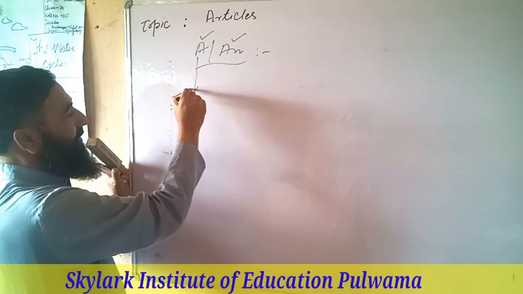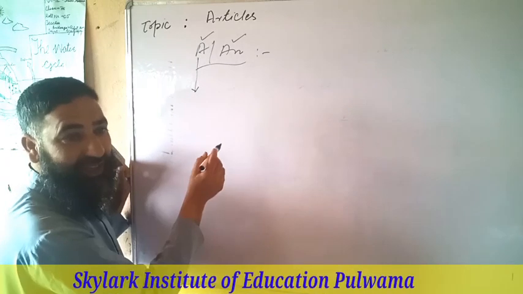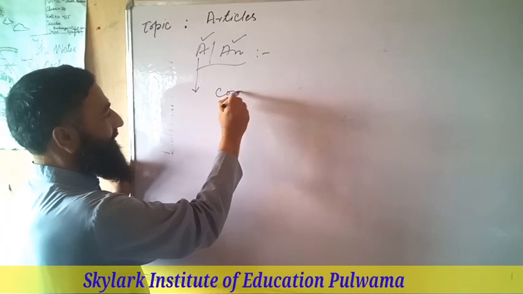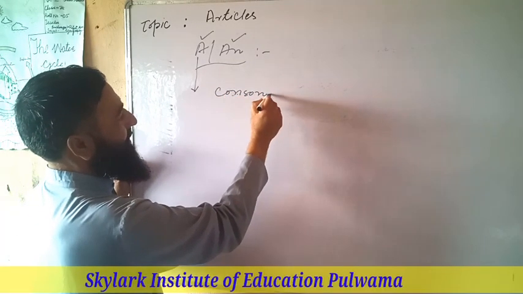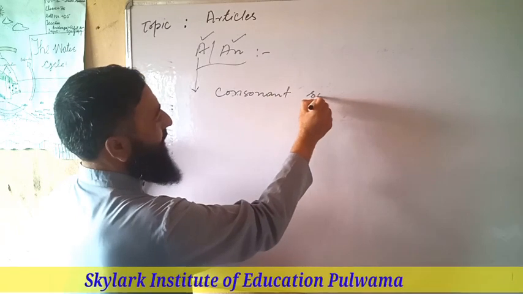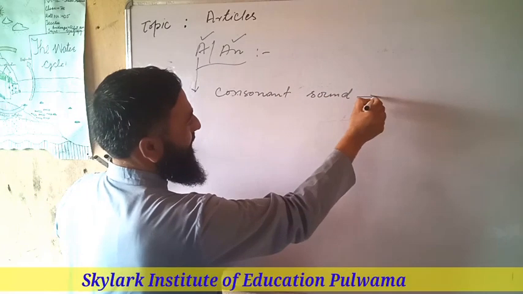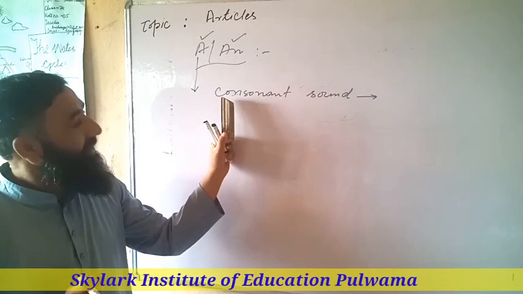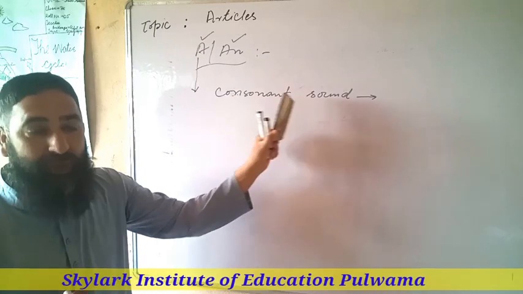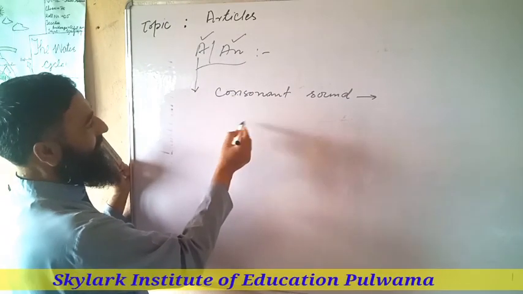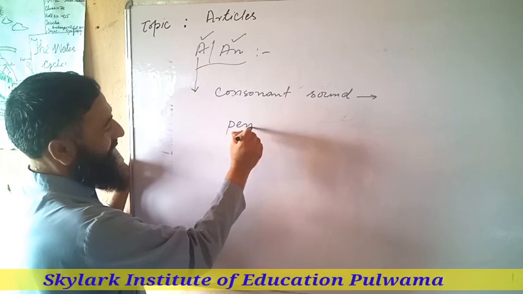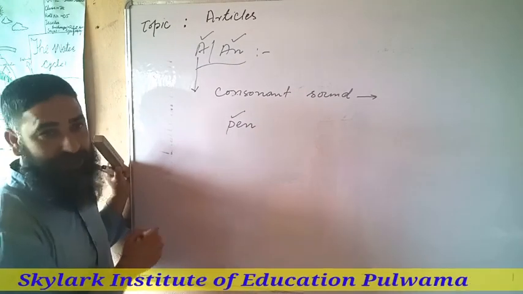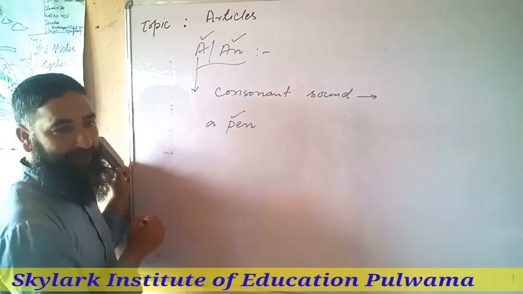We use a with a word beginning with a consonant sound, not letter. Remember it. For example, there is pen. See, this p sound is a consonant sound. So we'll use a pen.